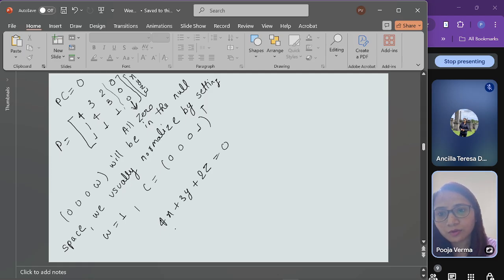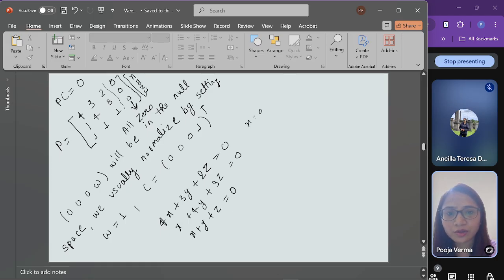Similarly, this equation is x plus 4y plus 3z equal to 0, and here x plus y plus z is equal to 0. So if you solve it, all the values you will get are 0, 0, 0. X is equal to 0, y is equal to 0, z is equal to 0. Okay, so you can check it also.